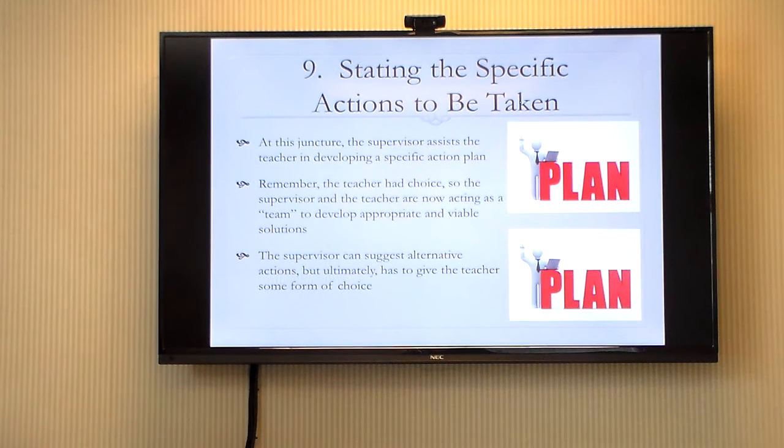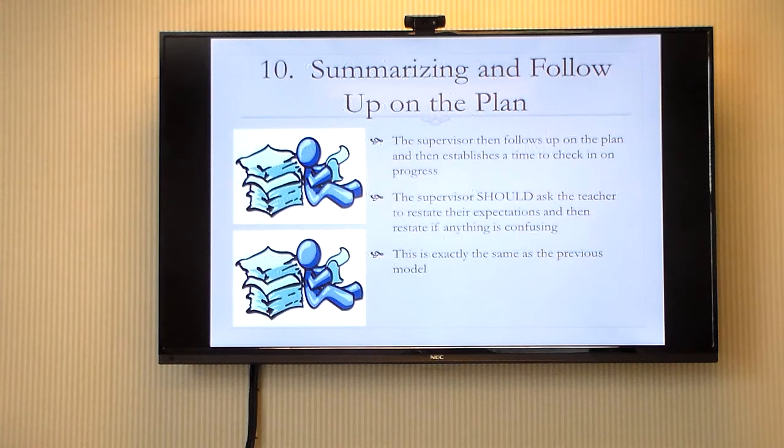Then you give them specific actions that need to be taken. The teacher chose. Now the supervisor defines a plan so that those actions can be taken. So they're working as a team, but the supervisor gives the teacher some form of a choice. Then you follow up on the plan, you check in, you have a clear outline.